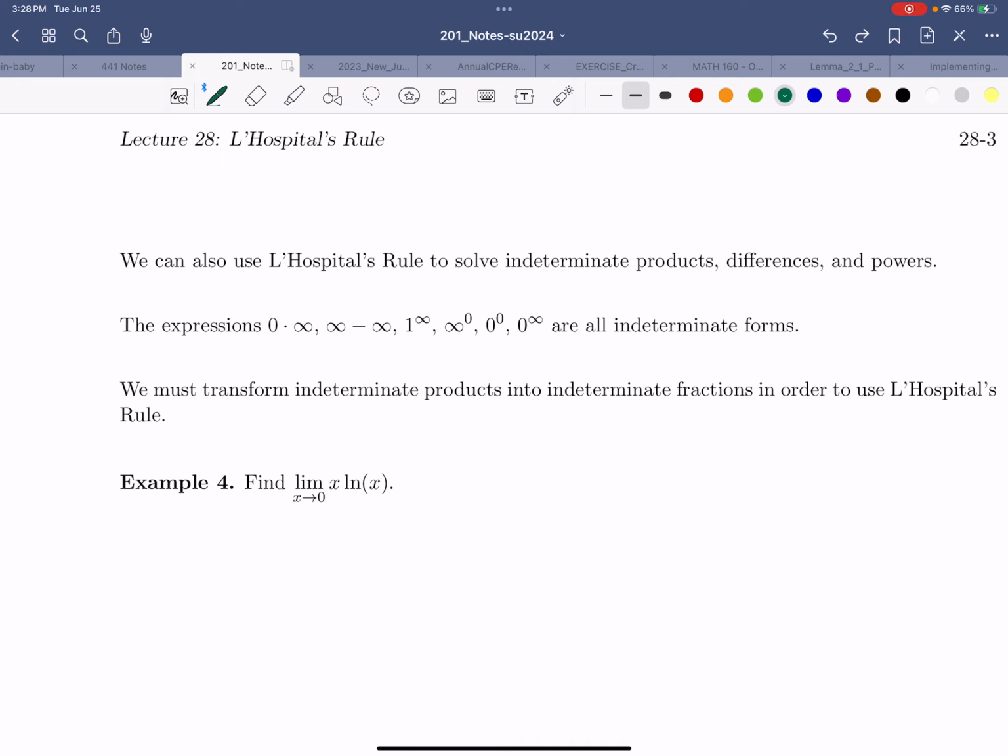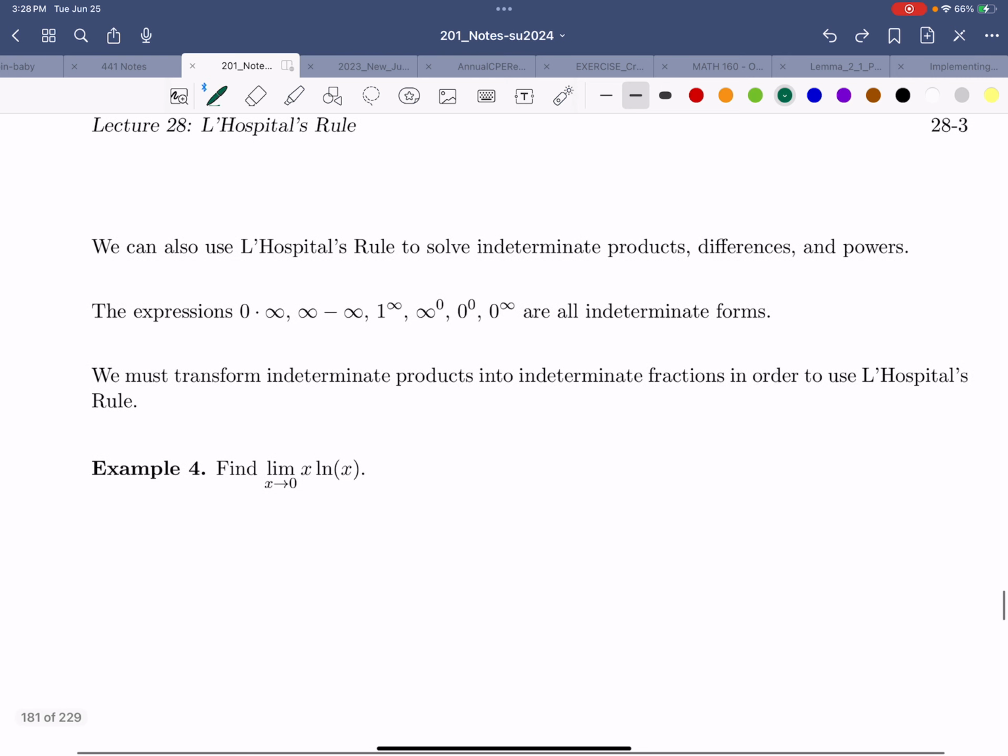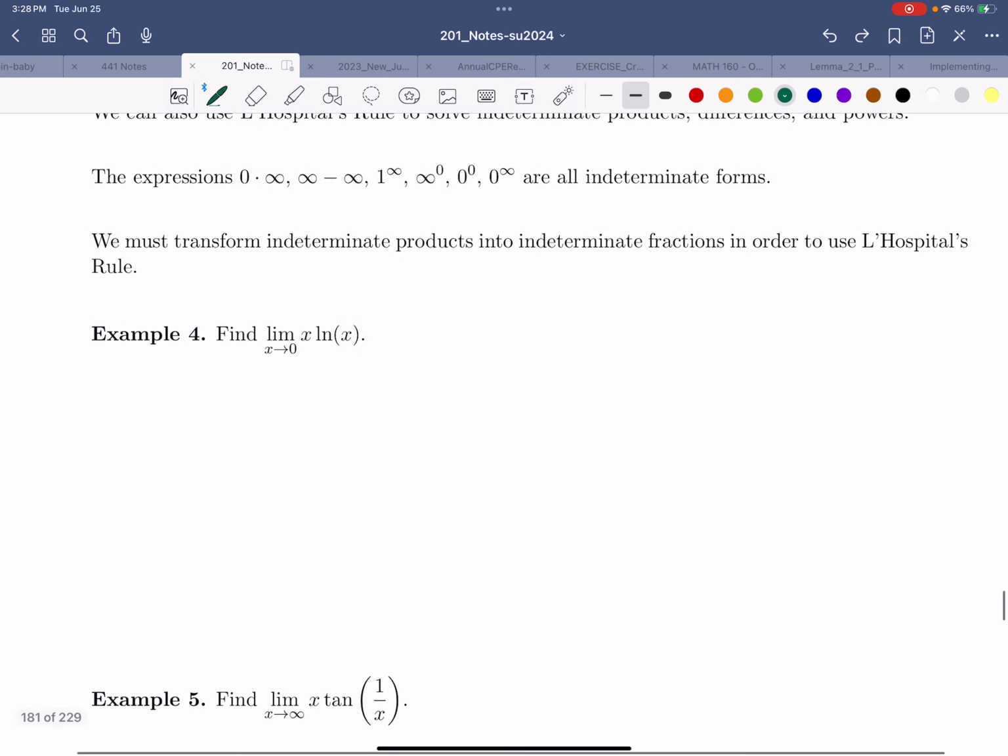Now, the thing is, L'Hopital's rule works only with 0 over 0, infinity over infinity. If you have something like 0 times infinity, then you don't get to use L'Hopital's rule right off the bat. You have to change it into a fraction. So let's see how to do that.